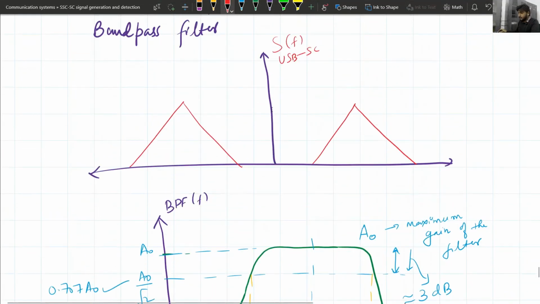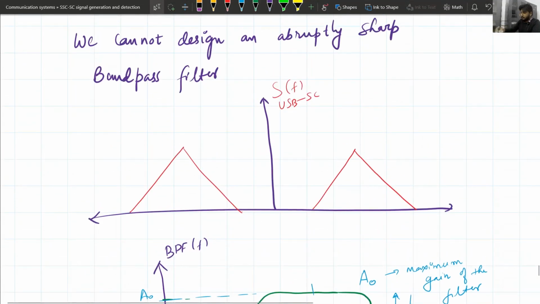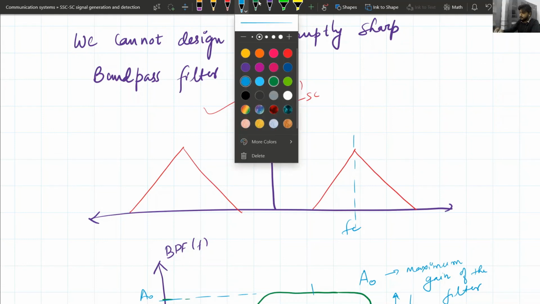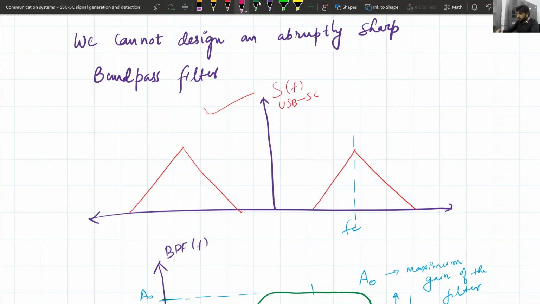So as you can see, for this signal, let's say this is Fc. If we are interested to transmit the upper sideband and we apply a band pass filter, so what will happen? This is our band pass filter.